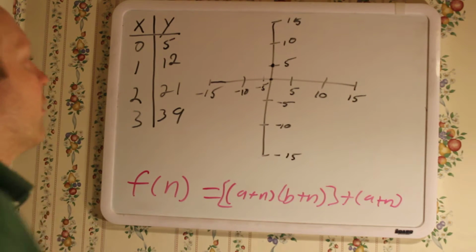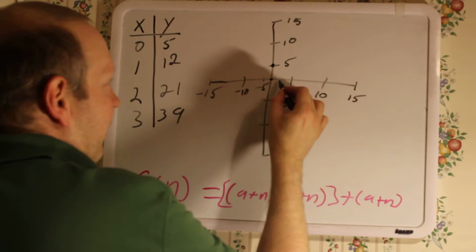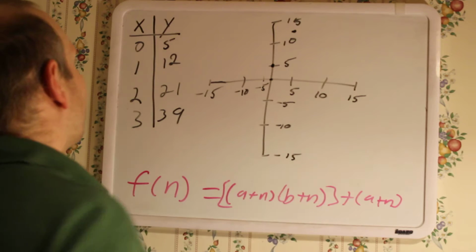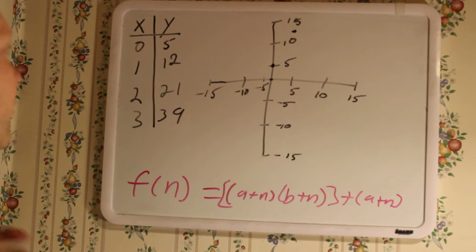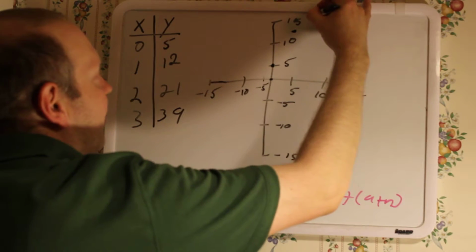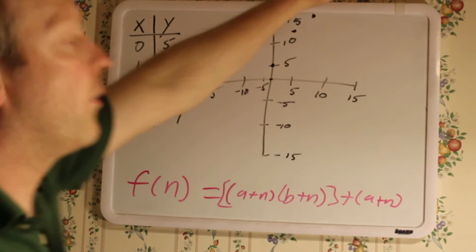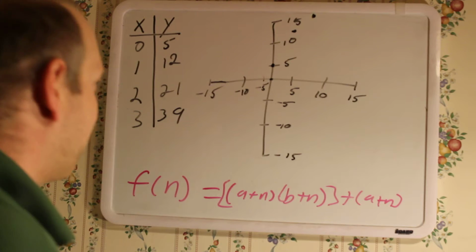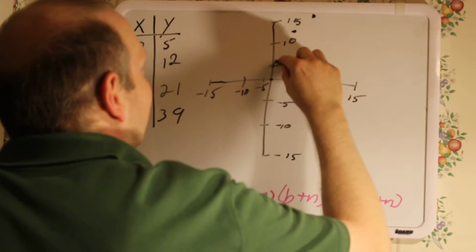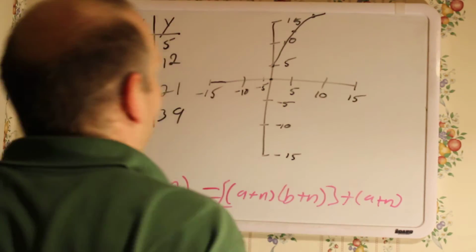Next point is 1, 12. So we're going to come out 1 on the x-axis, and we're going to go up 12. Yeah, kind of right there. 2, 21. So if we go 2 out on the x-axis, it's going to be way up here. And then 3, 39 would be way up here outside of view. So we can connect these points in this sort of gentle, sloping, curvy line.